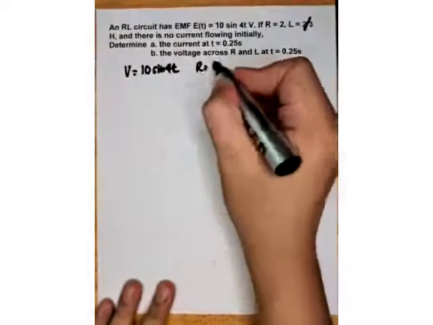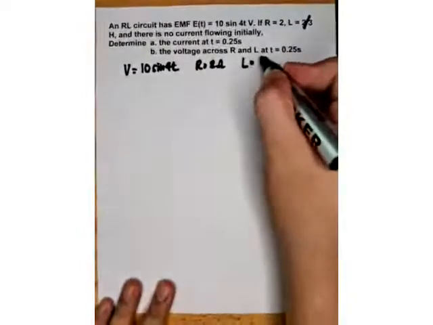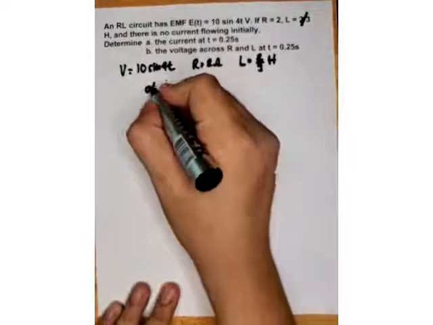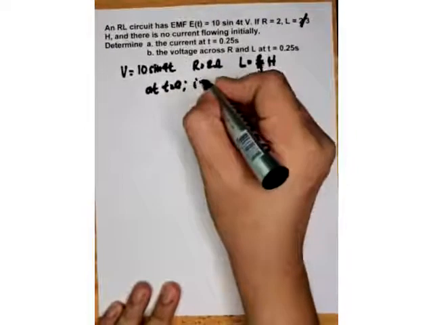And then the resistance is 2 ohms, and the inductance is 2 over 3 Henry. And there's no current flowing initially. So at time t equal to 0, I is also 0. Okay, so that's the condition. Determine A, the current at t is equal to 0.25 seconds. And B, what is the voltage across the R and the L at t is equal to 0.25 seconds.